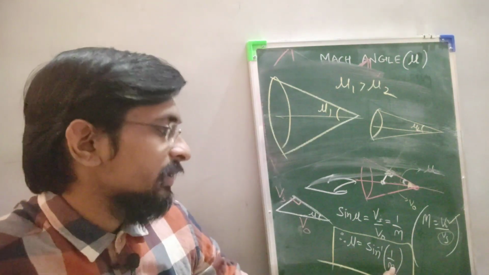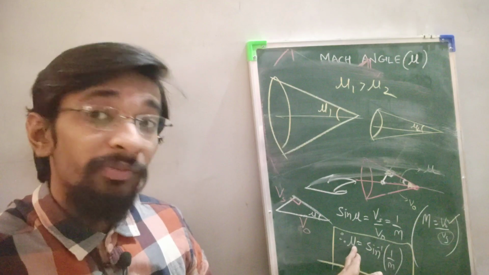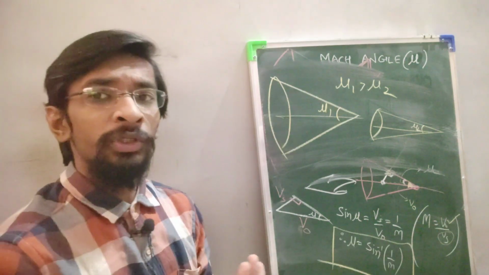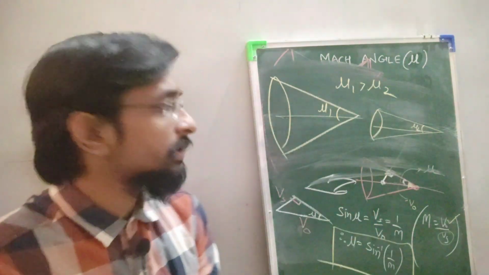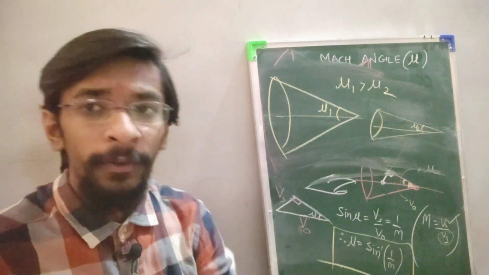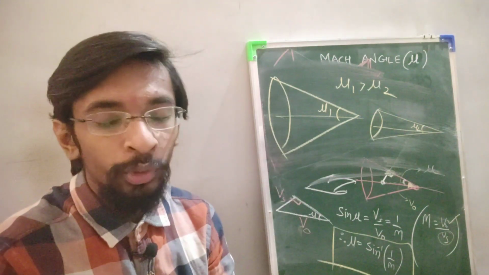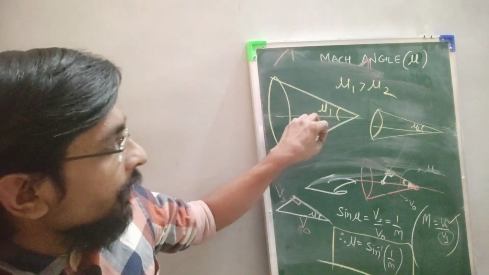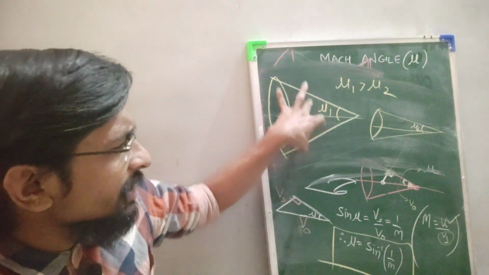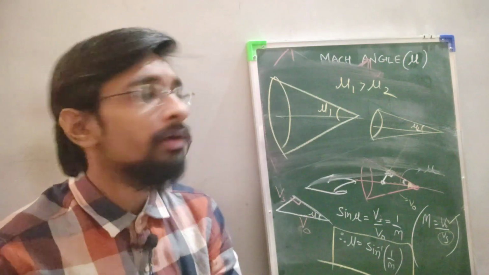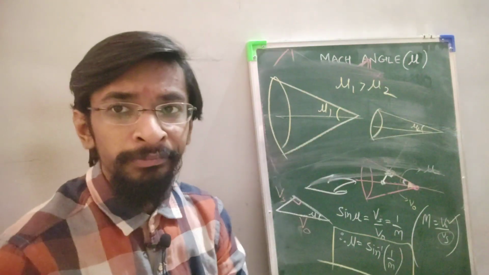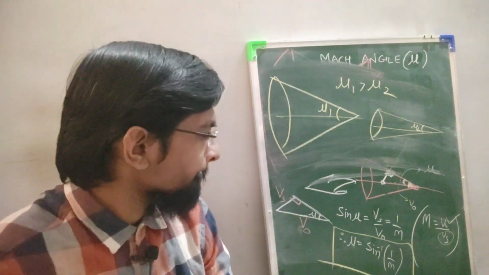If the Mach number is relatively higher, mu, which is the Mach angle, will be low. So the faster the object moves, the narrower the cone will be. The slower, relatively, the object moves, the cone will be expanded or extended, having the greater Mach angle. Okay, fine.